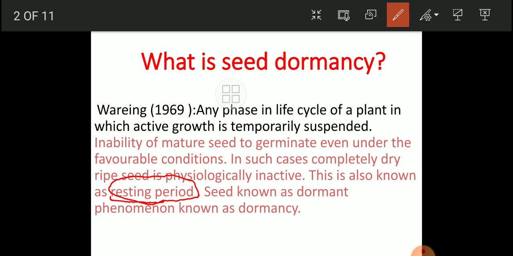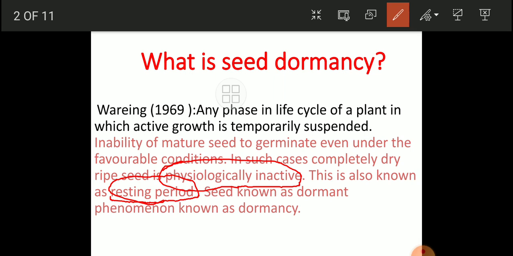In the sense, the seed is in a resting period, which is a physiologically inactive condition. As a botany student, as a physiology student, the seeds are in a physiologically inactive condition, isn't it?